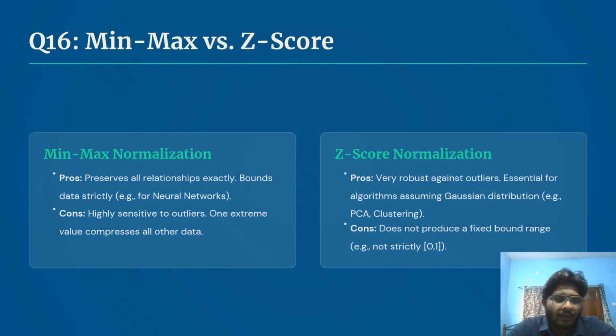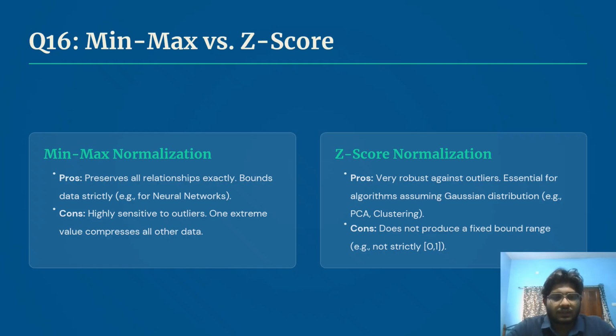So what are the pros? It preserves all relationships exactly, bounds data strictly, for example for neural networks. It works well for bounded data, is required for neural networks, and keeps all the data on the same scale. The disadvantage is that it is highly sensitive to outliers. One extreme value compresses all other data.